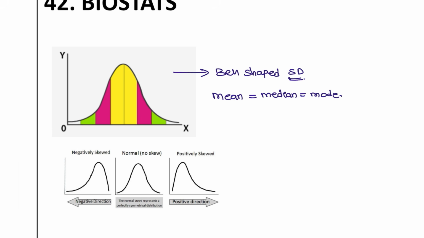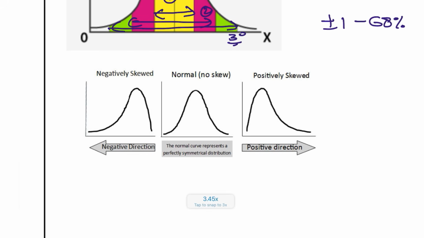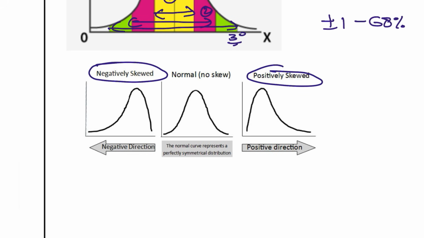So this is the first, this is the second, and this is the third. Plus or minus 1 is around 68%, plus or minus 2 is around 95%, and plus or minus 3 is equal to 99.9% of the distribution.